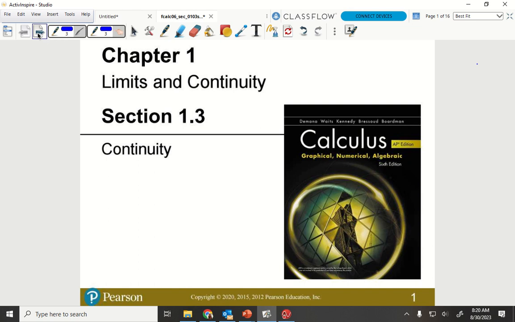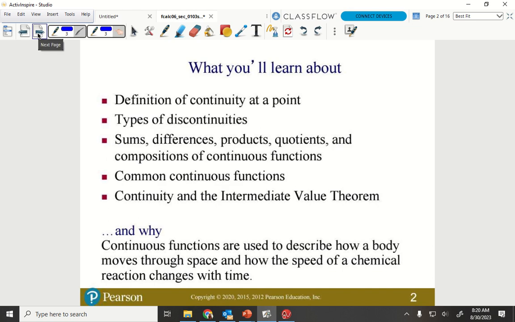Anyway. Continuity. So if you're paying attention right now, you would know yesterday when we talked about continuity, it has to do with a roller coaster. Continuity is a roller coaster. A discontinuity means there's a hole in my roller coaster.